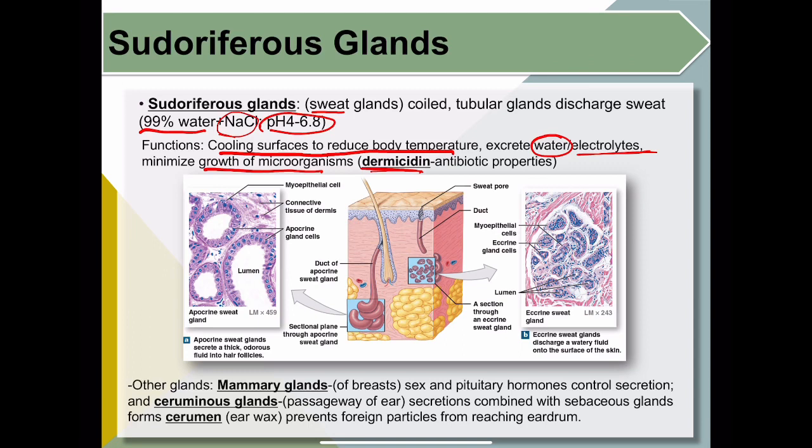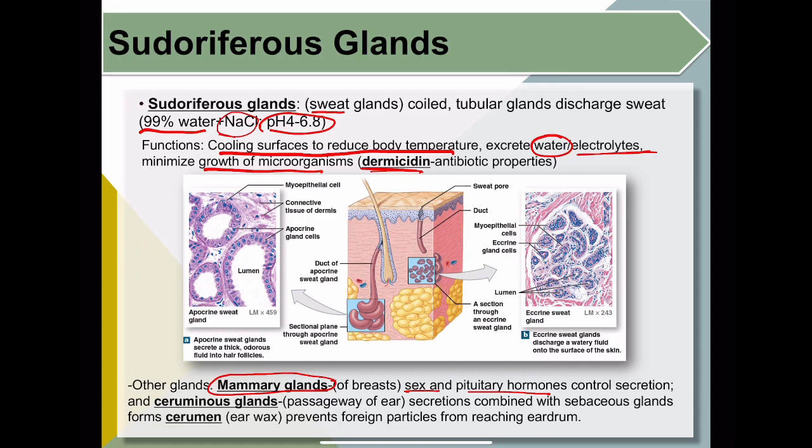For example, the skin around the breast area, in the areola section around the nipples, you have receptors for sensing the baby sucking on the breast, and also within the breast you will have what's called mammary glands, which are affected by sex and pituitary hormones that control secretion and production of milk in these mammary glands. We'll talk about that next semester in A&P 2.